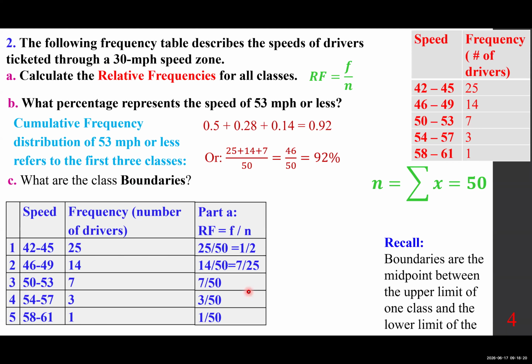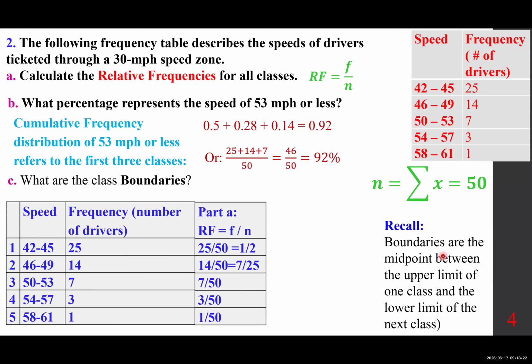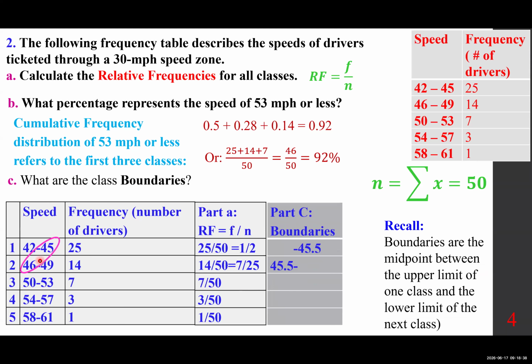What about the boundaries? Reminding you that the boundaries are the midpoint between the upper limit of one class and the lower limit of the next class. So first, let's put these two together. 45 and 46 divided by 2 is 45.5.